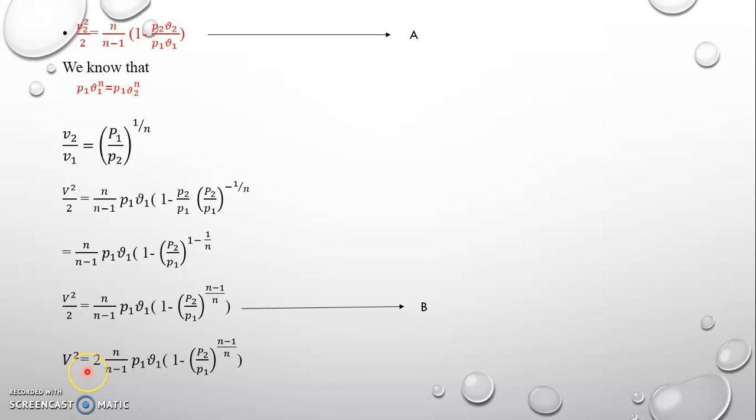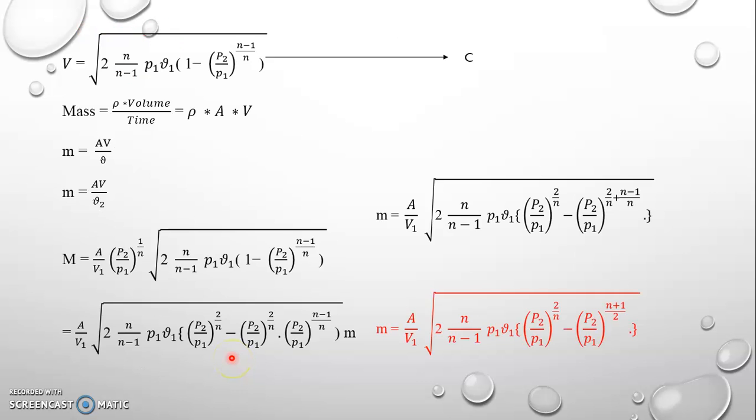Finally, velocity squared is equal to 2 into n divided by n minus 1 P1 V1 into (1 minus P2 by P1 power of n minus 1 by n). Finally, we get the velocity is equal to square root of 2 into n divided by n minus 1 P1 V1 into (1 minus P2 by P1 power of n minus 1 upon n).